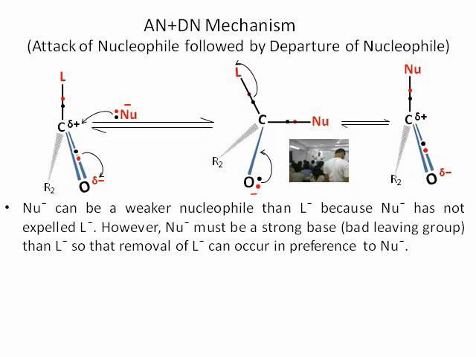Nu minus has only broken the pi bond of carbon oxygen. So therefore any nucleophile, whether weak or strong, can do this process. However, Nu minus should be a stronger base and a bad leaving group than L minus, so that removal of L minus can occur in preference of Nu minus, and therefore the reaction leads to the formation of major substitution product.